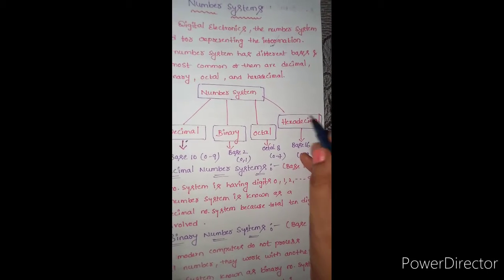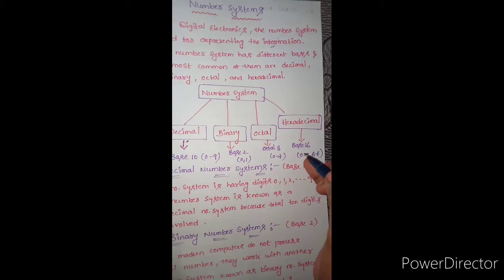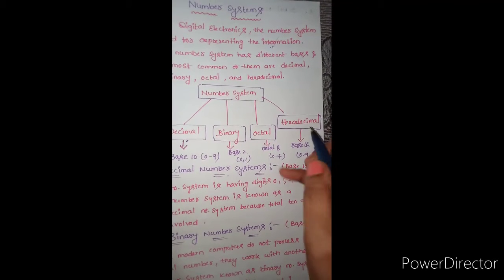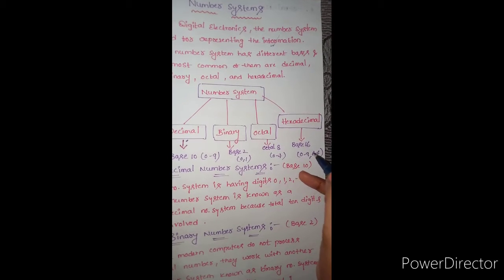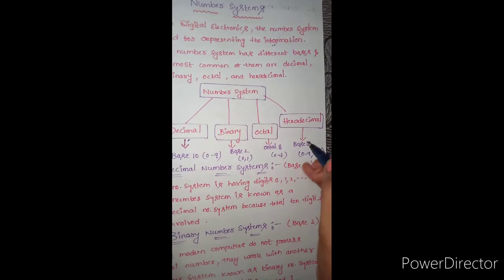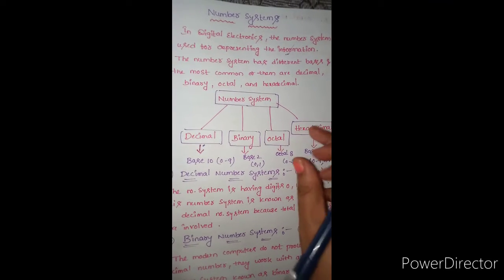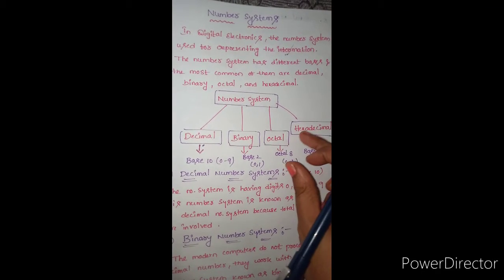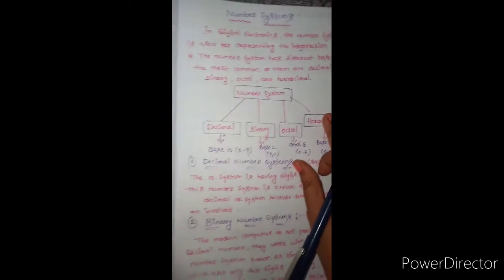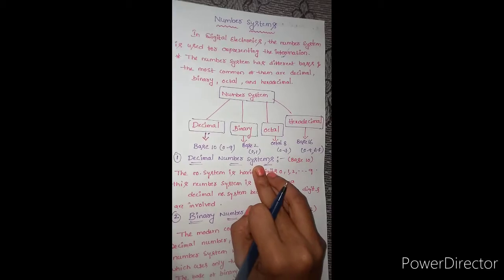Hexadecimal number system: both numbers and alphabets are used. Here 0 to 9 numbers and A to F alphabets are used. I explain each and every number system briefly with examples. First one, decimal number system.